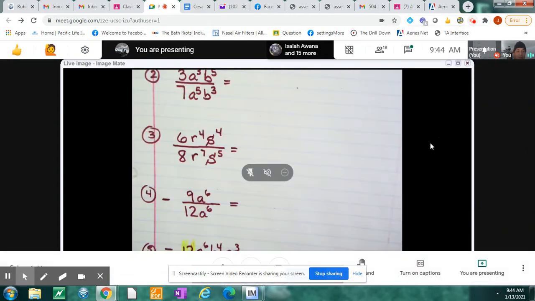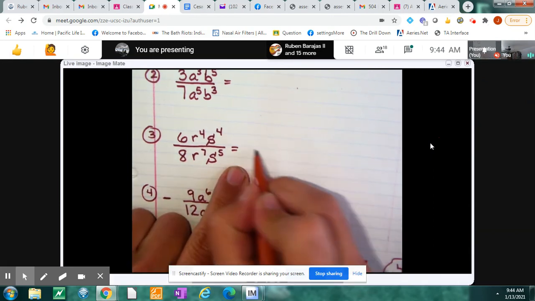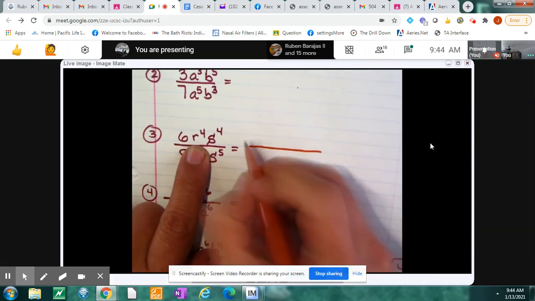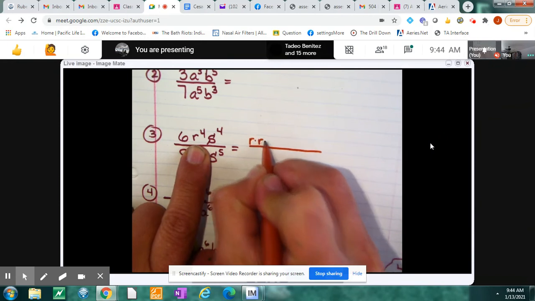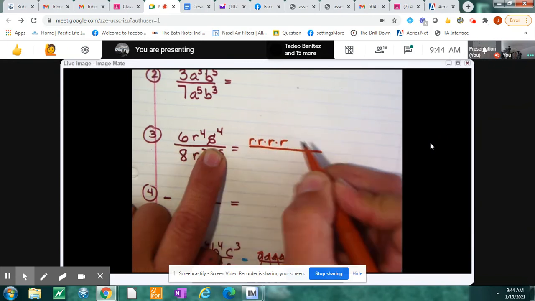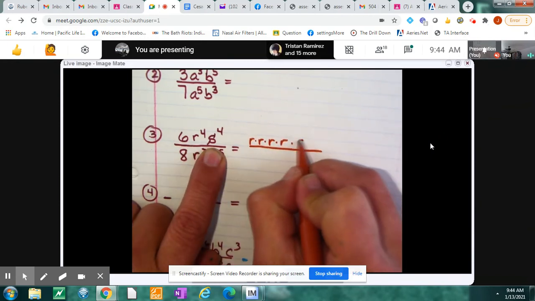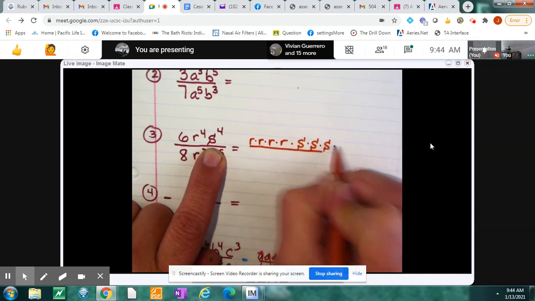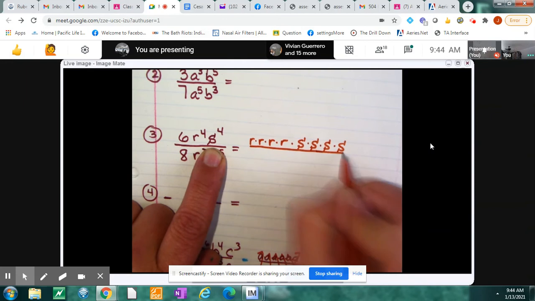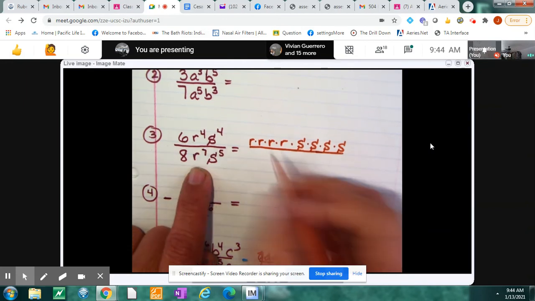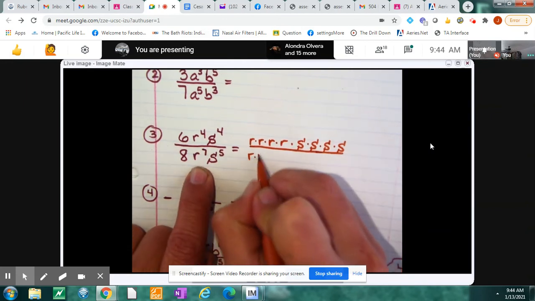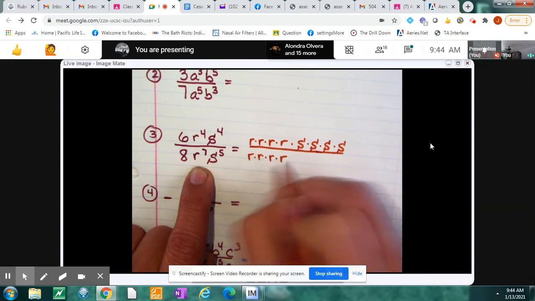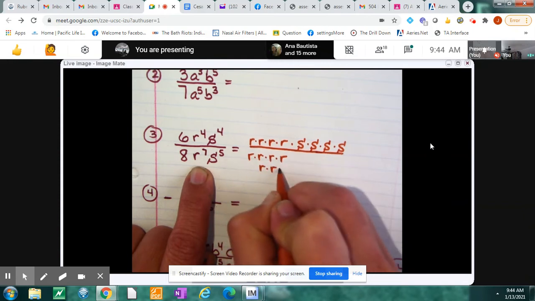All right, so here we go. So what he did is he broke down all the variables. R times R times R times R. And then S, 4 of them. 2, 3, 4. Okay? And then on the bottom, 7. 1, 2, 3, 4, 5, 6, 7.